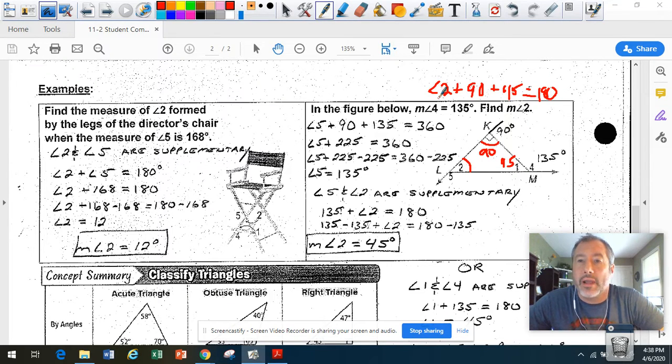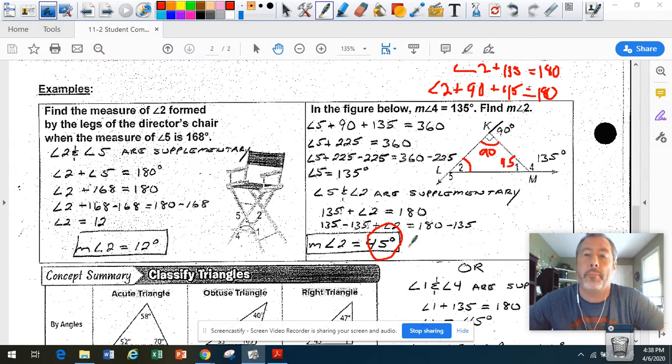If I add these up, 90 plus 45 is 135 degrees, which equals our 180. So in order to figure out angle 2, I'm going to subtract 135 on both sides. We will figure out that angle 2 is 45 degrees.